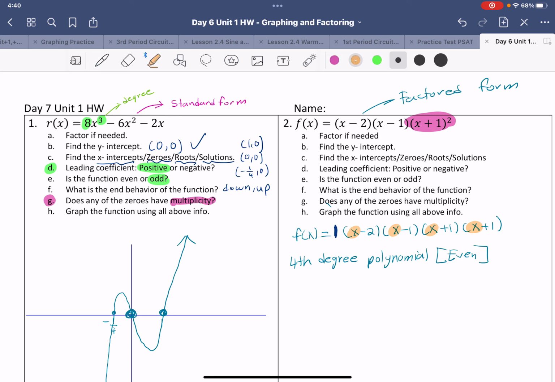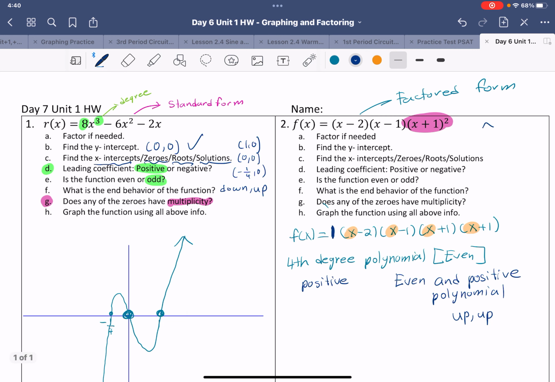And do we see that the 1 is positive? So we have an even and positive polynomial. So that means our end behavior is up, comma, up. And you need to refer to your chart to see that it's going to look something like that.